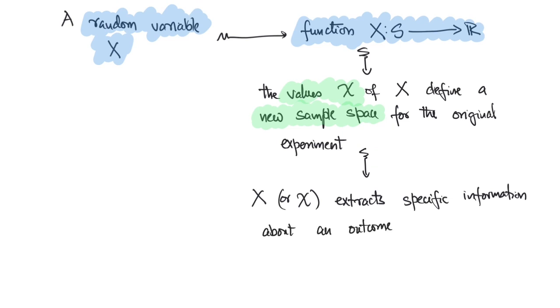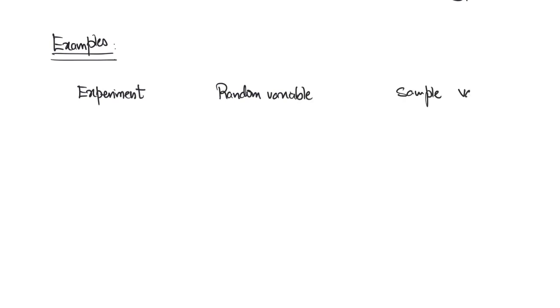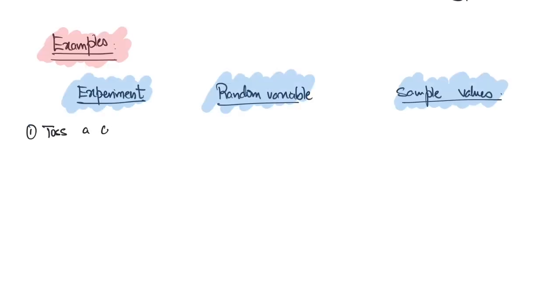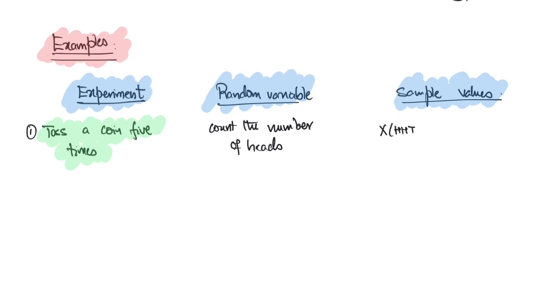Let's work out some examples to get a hang for what is going on here. We will describe an experiment, a random variable, and some sample values for the random variable. Suppose we toss a coin 5 times. Then a random variable could count the number of heads in a given five tosses of the coin. We could get the random variable to take the value 3 or 1, depending on whether the outcome is HHTTH or HTTTT.